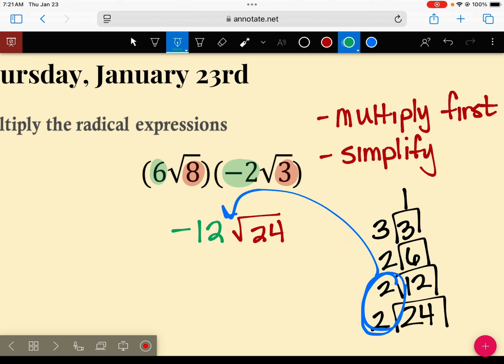So we'll have a -12 times 2, and then we'll make our square root. And what's going to stay under the square root are the numbers that did not have a partner. In that example, that would be this 3 and the 2. That has to stay.